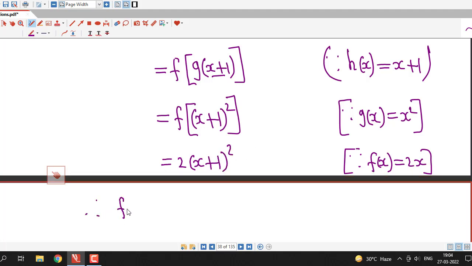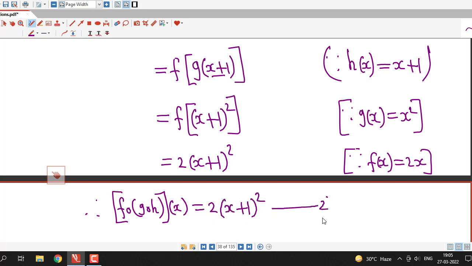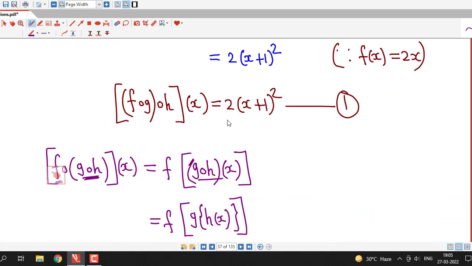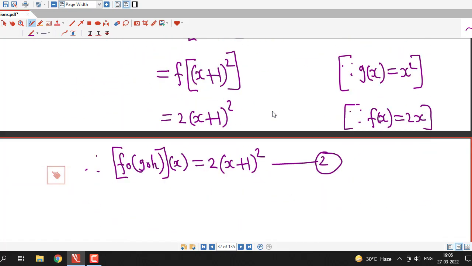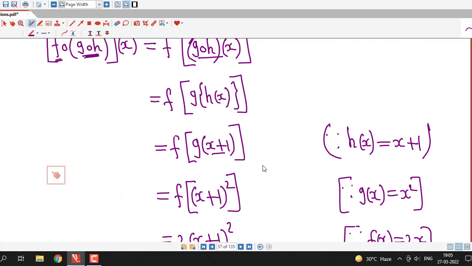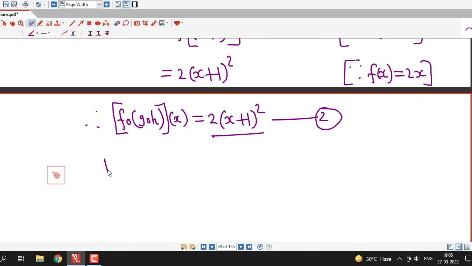So what we obtain, f composite g composite h at any point x, is equal to 2 times square of x plus 1. So now we can observe that here also we obtain 2 times square of x plus 1. We can compare the right hand sides of 1 and 2, and we find that both the functions are equal.